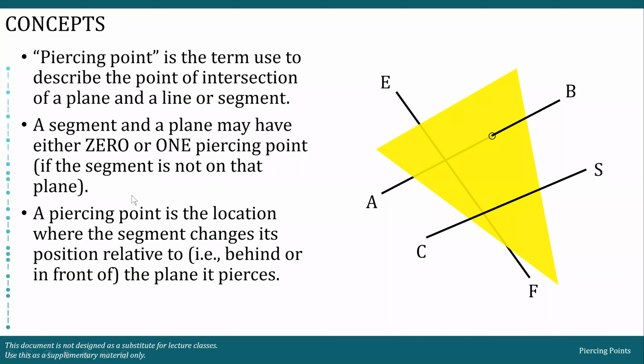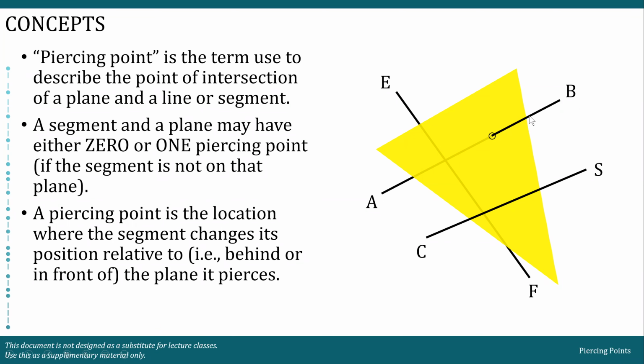So, for the third bullet, a piercing point is the location where the segment changes its position relative to the plane it pierces. When we say relative position, either behind or in front of the plane. So kung babalikan natin yung example na segment AB, you will notice here that somewhere along the segment AB, specifically in this point, a portion of it is in front from our perspective.